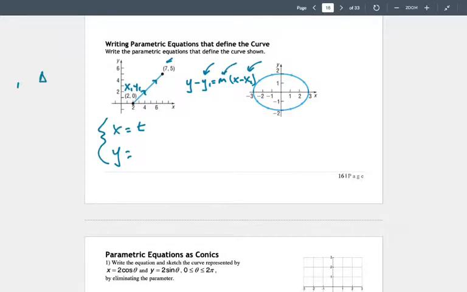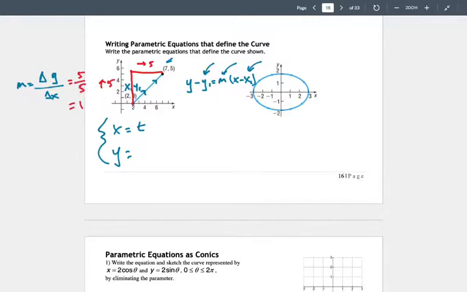Remember, to get the slope is change in y over change in x. Vertically, I go up 0 to 5. That's going up 5. And then I go to the right from 2 to 7. That's going to the right 5. So my change in y over change in x is 5 over 5, which means my slope is 1.